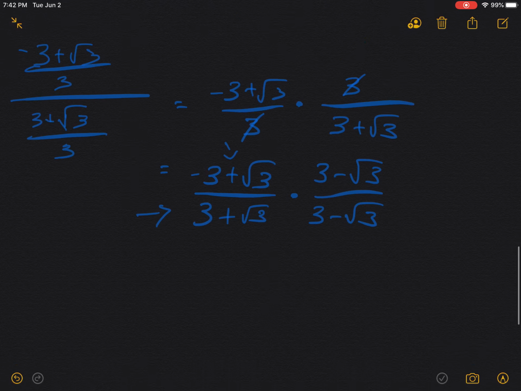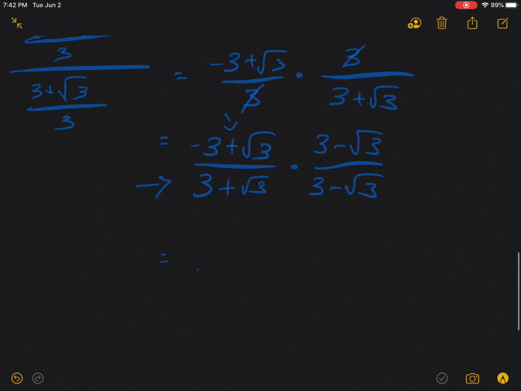Okay? Now, when I do that, let's do the denominator first. When you multiply an irrational number by its conjugate, it's basically just multiplying these guys together. That would be 9 minus, and then multiplying these guys together, that would be 3. So the denominator is beautiful. It just turns into 6. Okay, but the numerator is not going to work that way because those aren't conjugates.